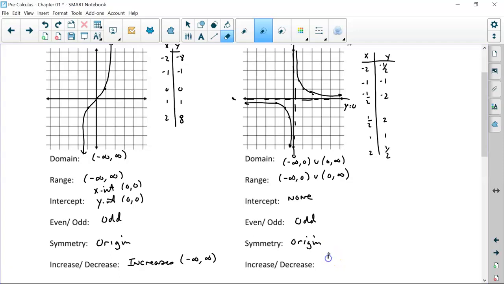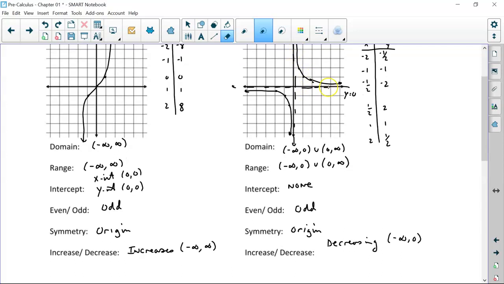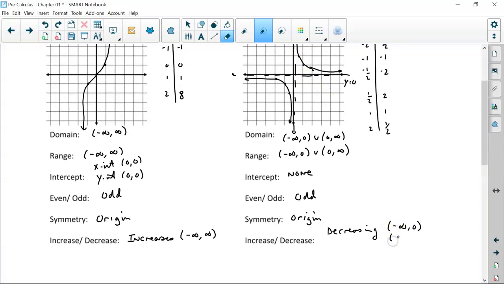So it's decreasing from negative infinity to 0. We're using a parentheses because we never actually get to x equals 0. But as we go to the other side, it's still decreasing over there. So it's decreasing once again from 0 to infinity with a parentheses, because we never get to x equals 0.